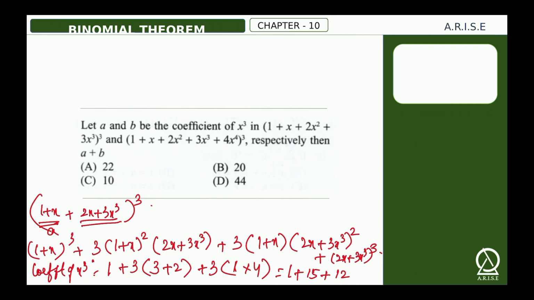There is a 1 here. Sorry, this is 2 into 2 into 2 plus, yes, 12. So what is your answer? 22.